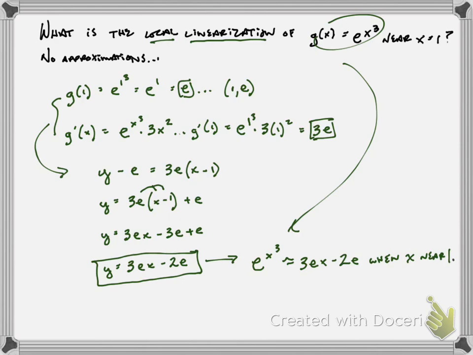And if you graph those two functions on the graphing calculator, for example, make this y1 and make this y2, and look at where x is near 1, you'll see that these two are very, very close to each other around x equals 1. It won't be true at other x values necessarily, but when x is near 1, they'll be very close to each other.